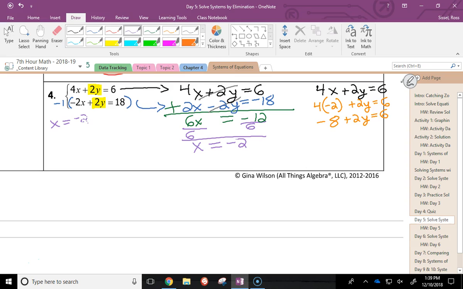Very good, I heard that. Add 8. 2y equals 14. We finish by dividing by 2. Y equals 7.